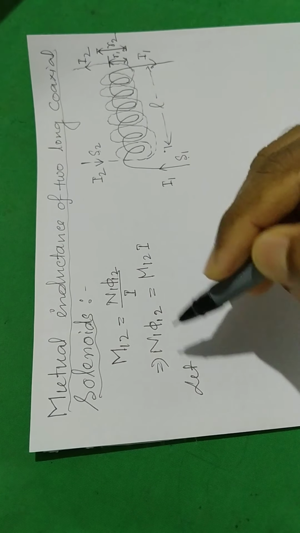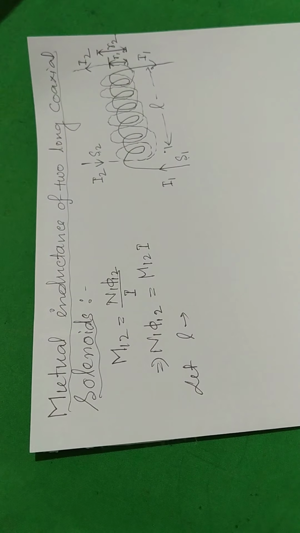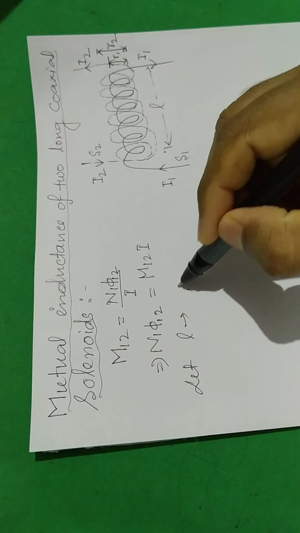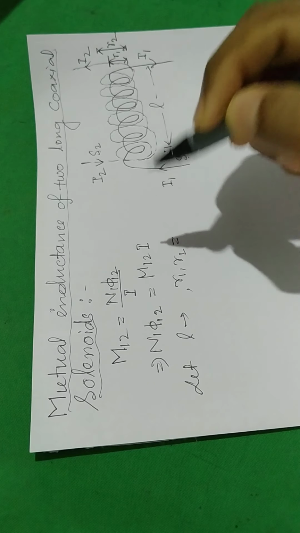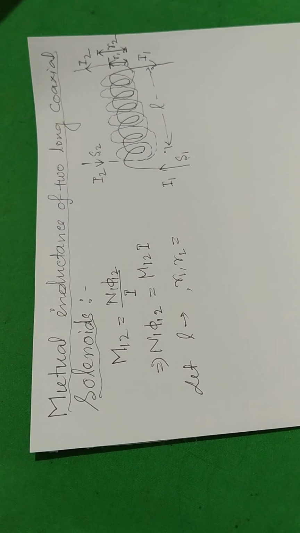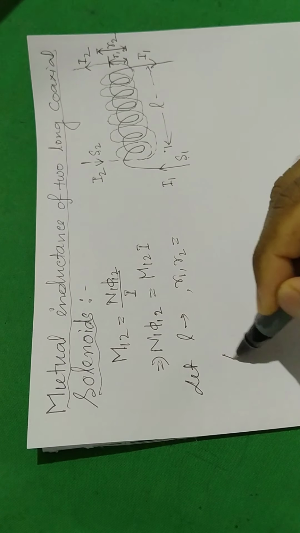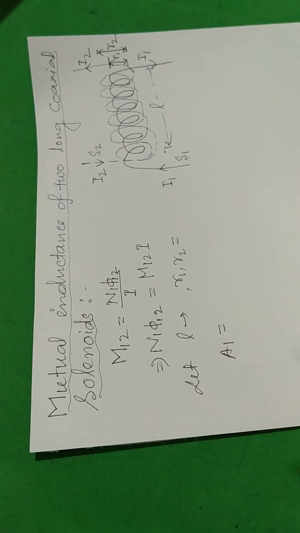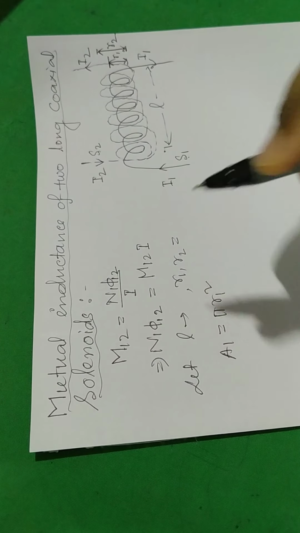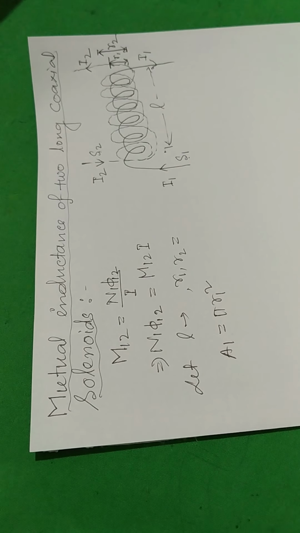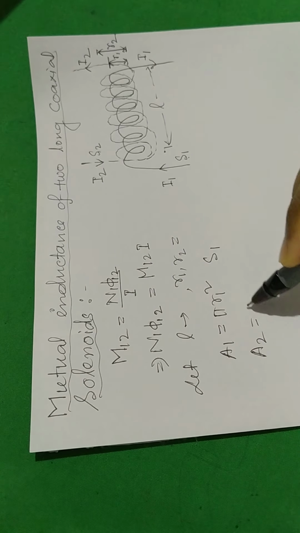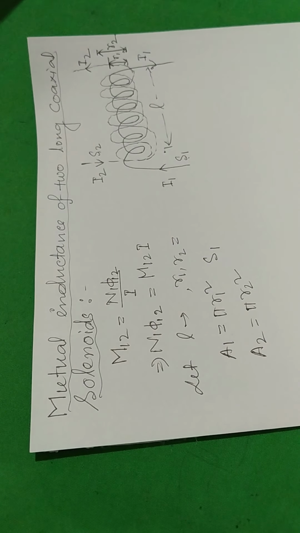Let L be the length of each solenoid, R1, R2 the radii of the two solenoids, A1 equal to pi R1 square, the area of cross section of inner solenoid S1, A2 equal to pi R2 square, the area of cross section of outer solenoid S2.